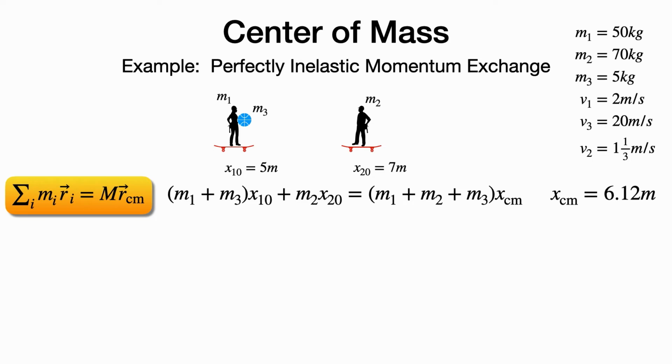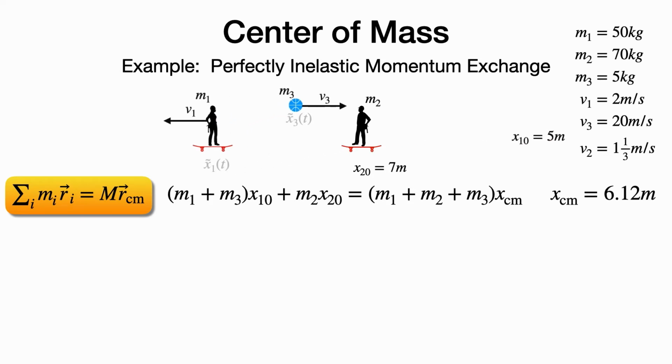All right, so this is a simple calculation for the center of mass of this system while it's all sitting still. However, we can go a little bit further in this example because while the masses m1 and m3 are in motion, there is a simple expression for the position of each mass. Because they're moving with constant speed, we know that the position for x1, we'll call this x1 tilde, is the initial position minus the velocity times time.